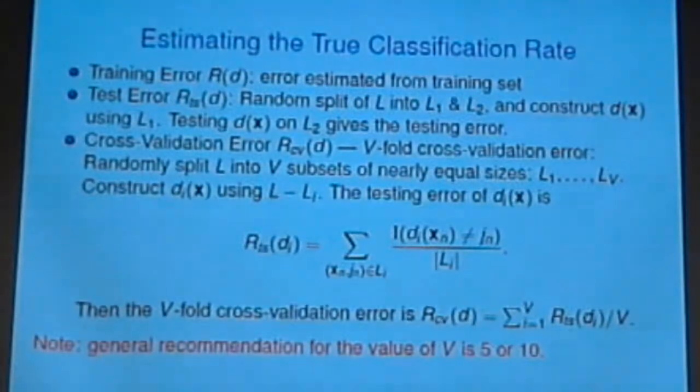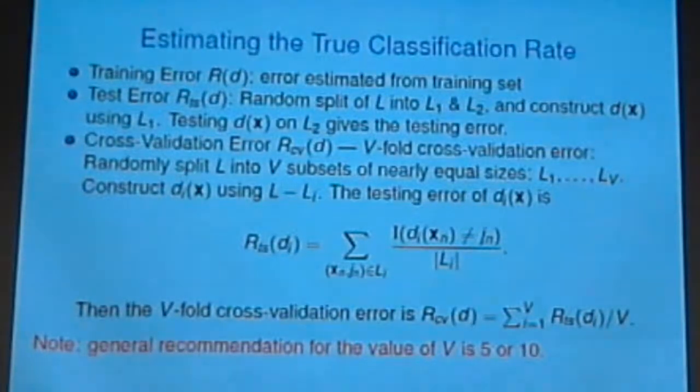You first split your training data set into 10 subsets of approximately equal size. Then you train on 9 of them combined and use the 10th one to test, to estimate the error, and combine the results.